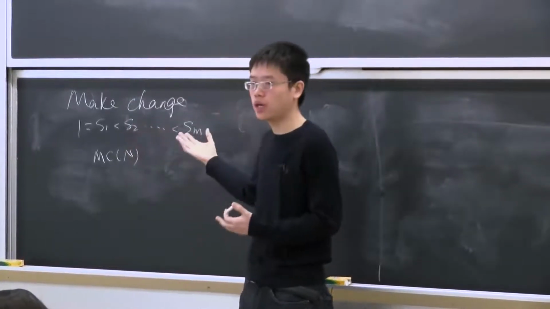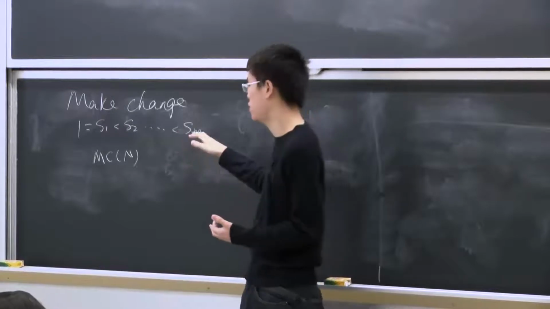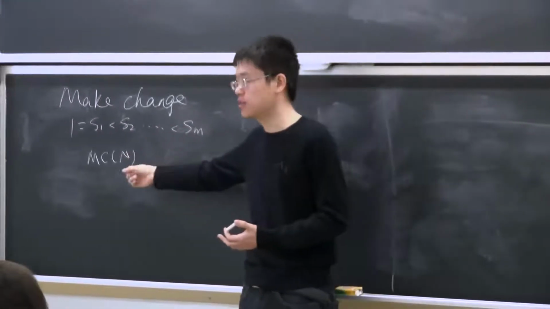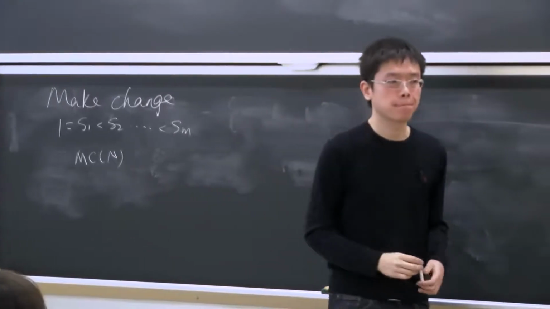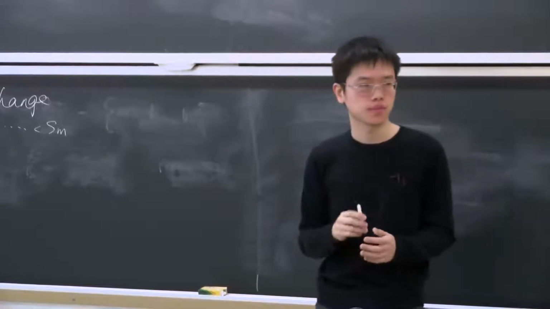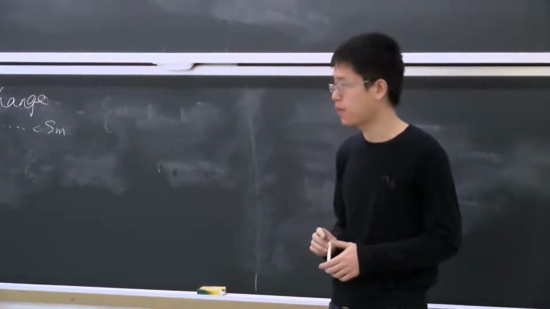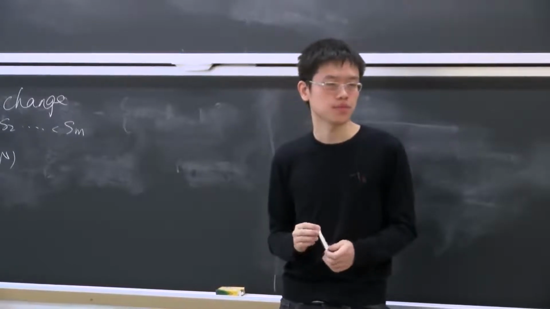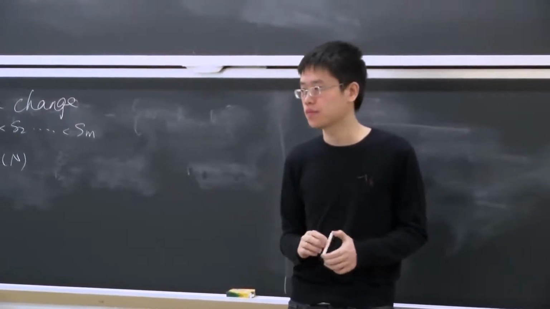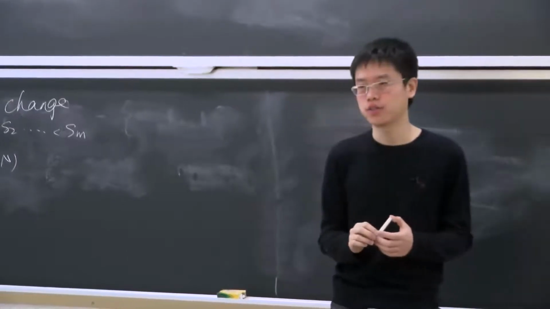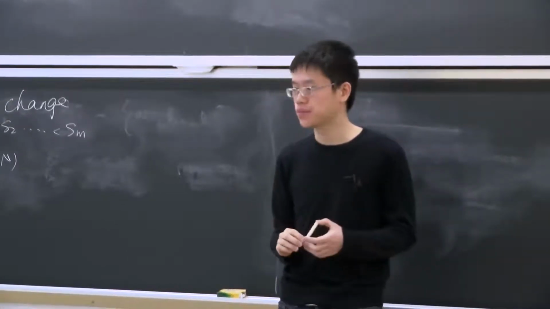For each of them, I have an infinite number of coins, so I can use 2 of these, 3 of that, 5 of that, such that their sum is n. Is the problem clear? Okay, any ideas how to solve that? So let's just use a naive or very straightforward algorithm.